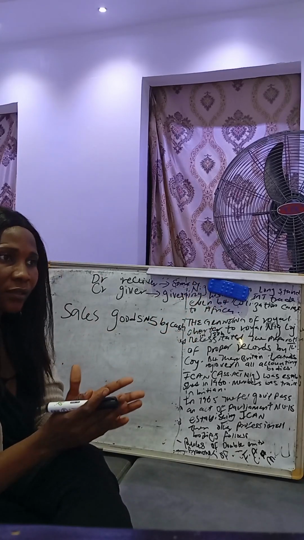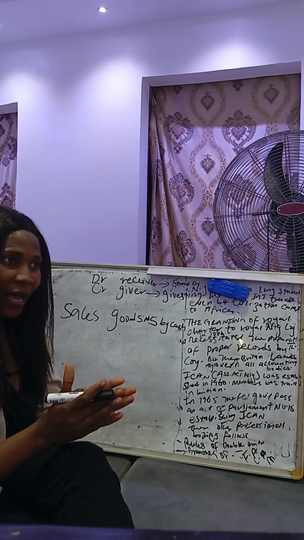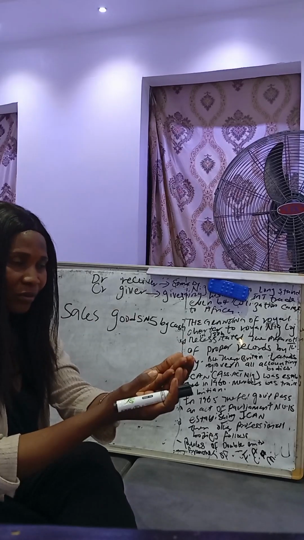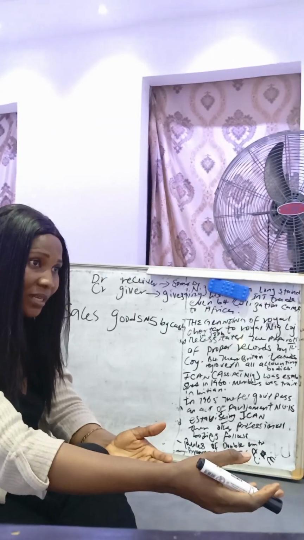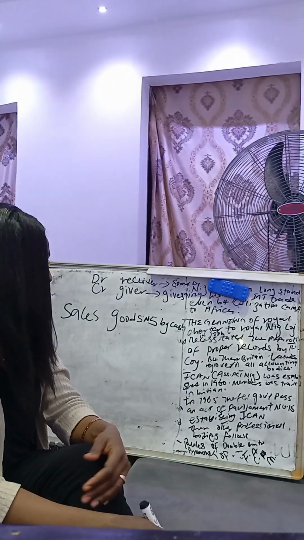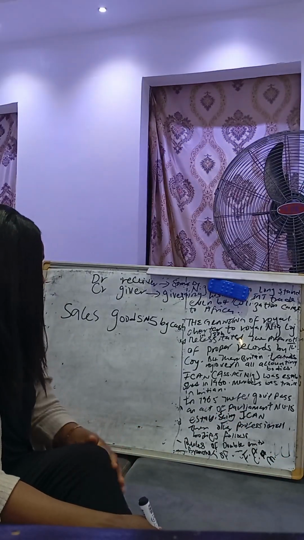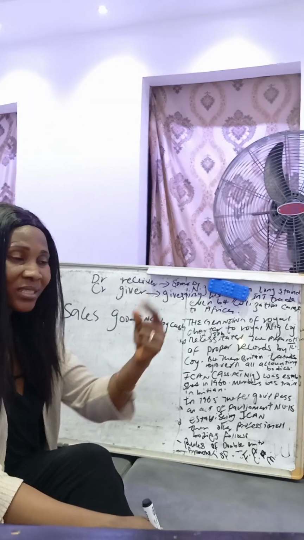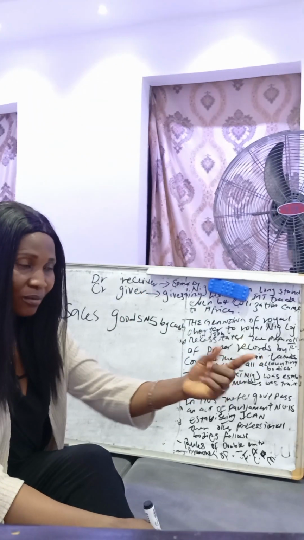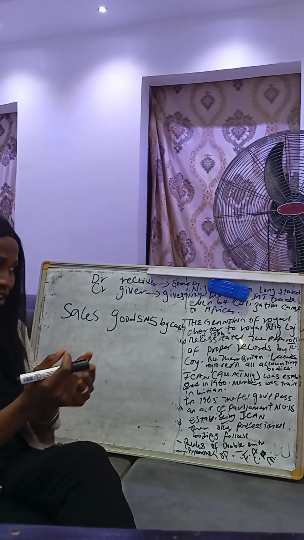Sales goods, 5 naira by cash. When you want to sell, are you receiving something or are you giving out? When you want to sell, you give out. Is that correct? Sell by cash, right? What do you mean? When you sell by cash, you receive cash.